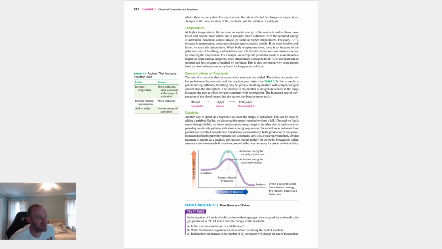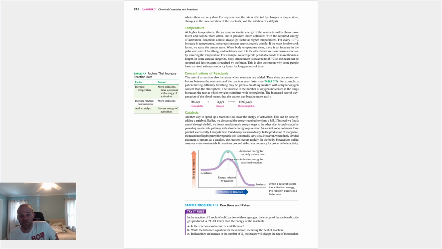A catalyst, just quickly, last thing I guess. A catalyst lowers that activation energy, and that's the most important thing to know about this particular section. Like I said, if I'm making an antibody but I have to put a lot of energy into that reaction, I might start looking at ways to lower the amount of energy.